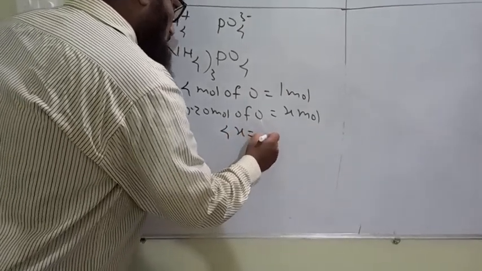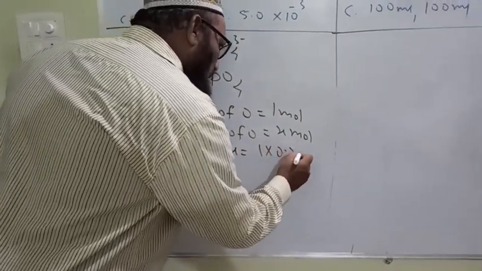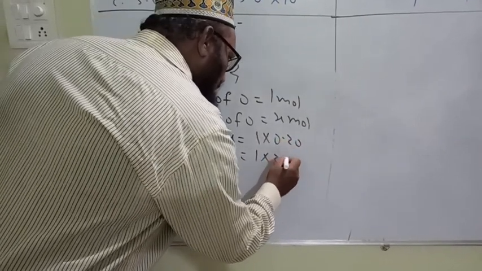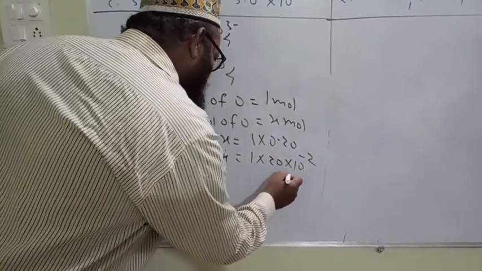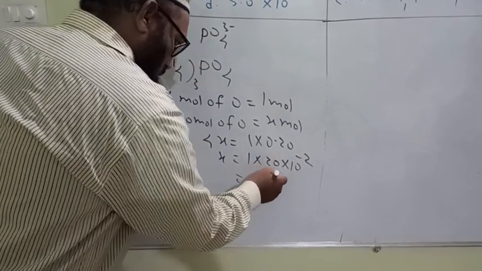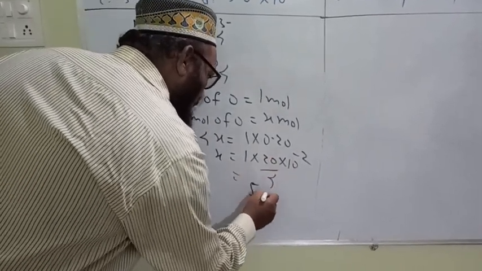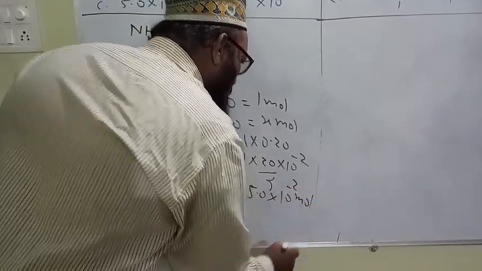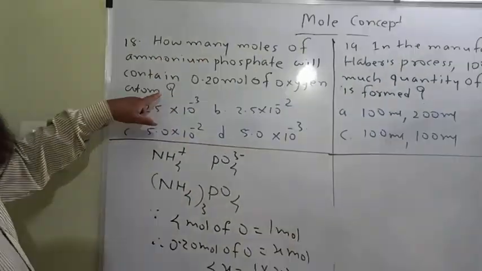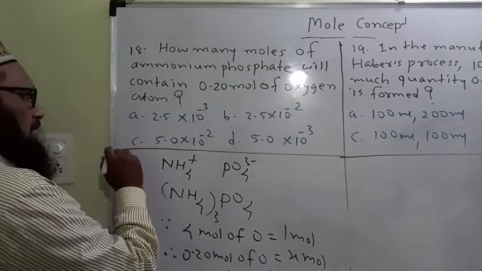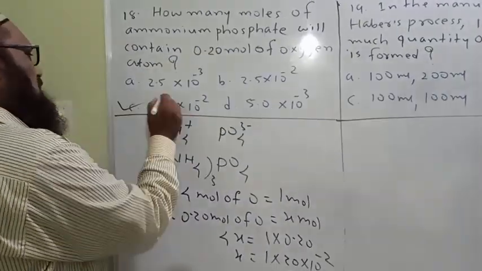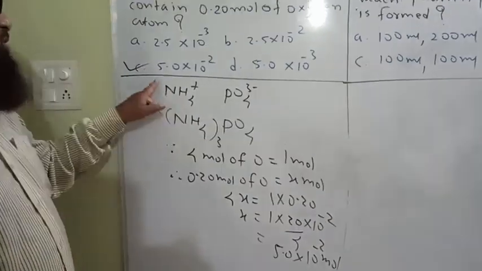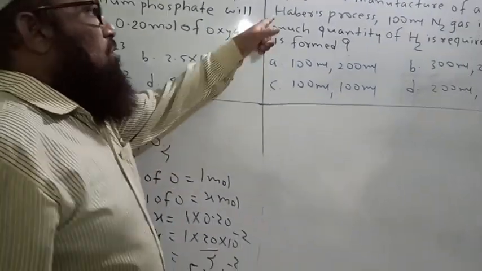X is equal to 1 into 0.20. X is equal to 1 into 20 into 10 raised to minus 2 upon 4. 20 upon 4 is 5.0 into 10 raised to minus 2 mole of ammonium phosphate required here. Option C, 5.0 into 10 raised to minus 2 mole. This option C is correct.